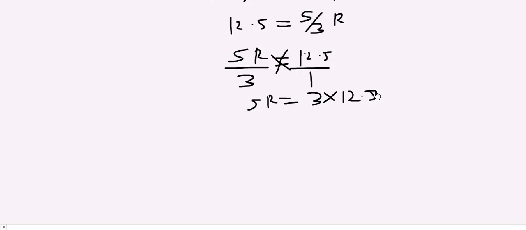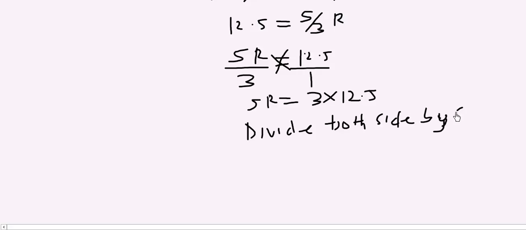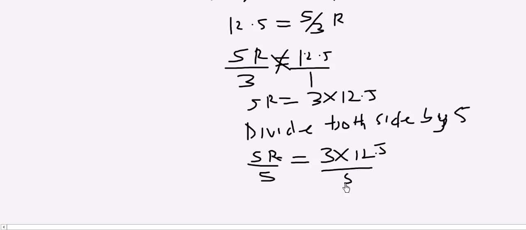So if I divide both sides by 5, I simply have 5R over 5 is equal to 3 times 12.5 over 5.